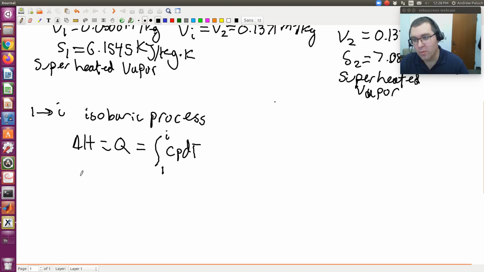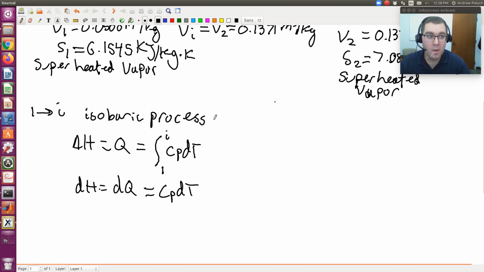In differential form, we would have dH equal to dq, and remember sometimes you get a curly differential to remind ourselves that q is a path function, and that would be equal to Cp dT.